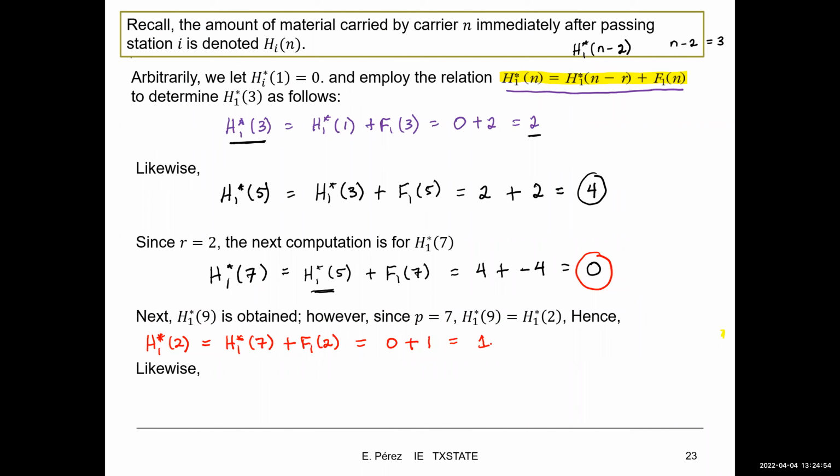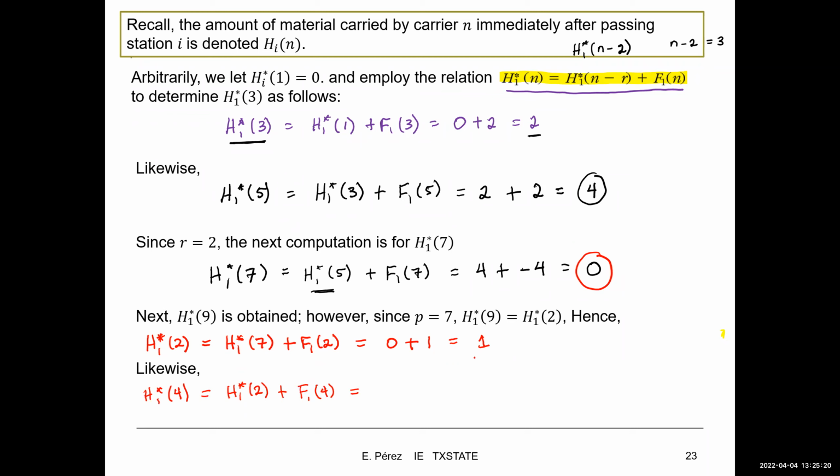So I have 2 plus 2 is going to be 4. So now I'm going to compute 4. Follow the same process. H1 star of 4 will be equal to H1 star of 2 plus F1 of 4.